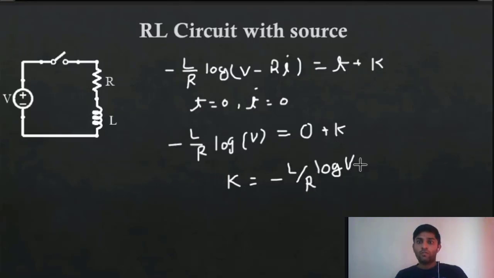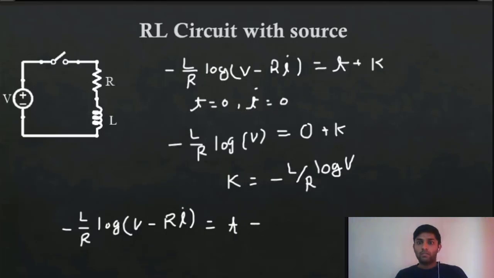Now you can put this constant in this equation, and then you will get the equation: minus L by R log of (V minus Ri) is equal to T minus L by R log of V.